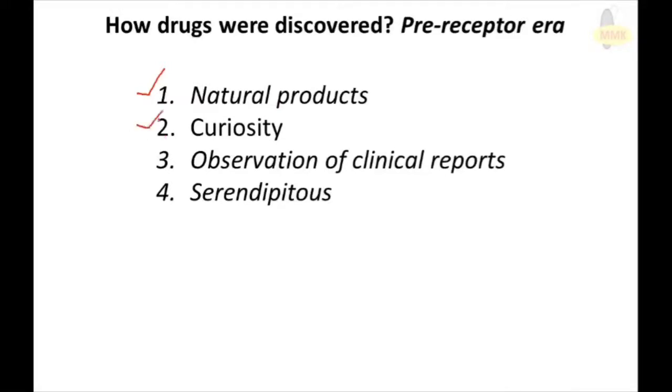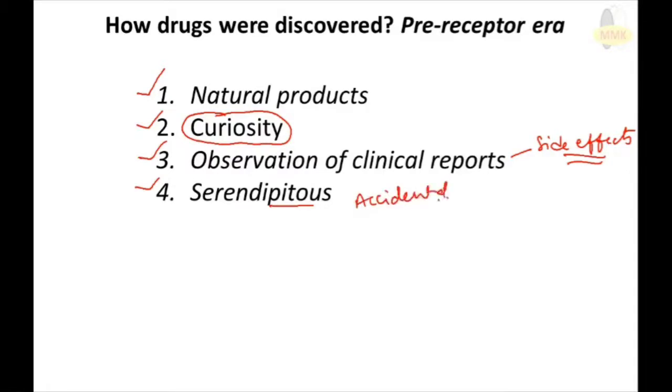And the second one is curious observations. This is a very interesting component in drug discovery history. Curiosity. The third one is observation of clinical reports, especially the side effects. Sometimes the side effects can help you discover a new drug. The fourth one is obviously serendipitous discovery, or accidental discovery.